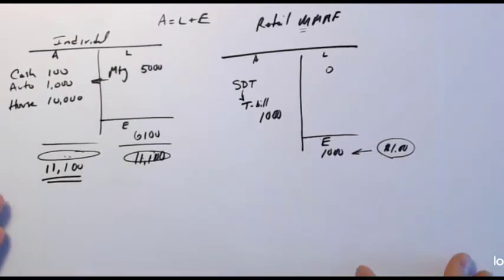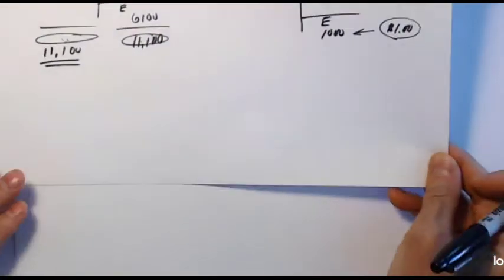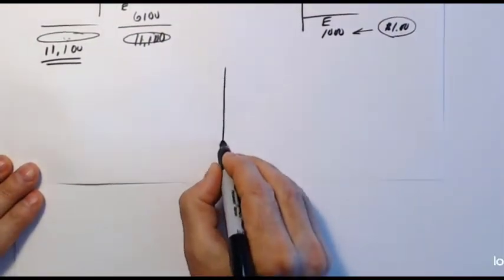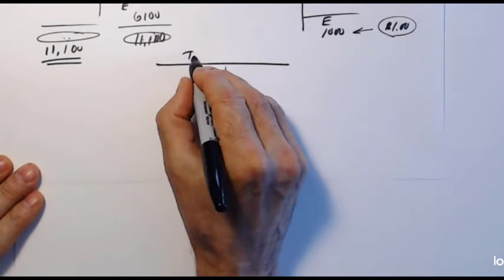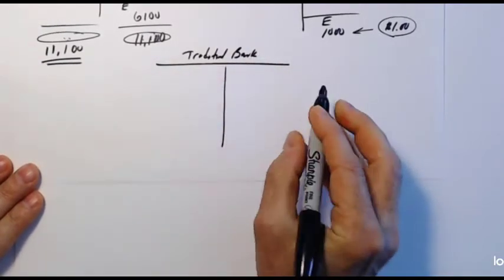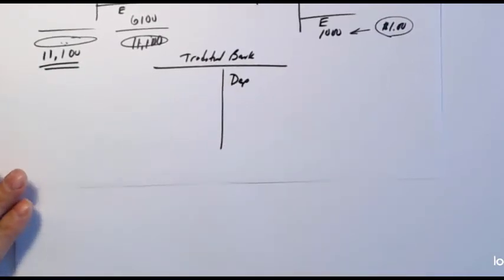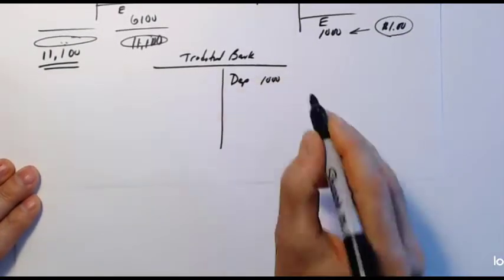Now let's compare this concept to a traditional bank. A traditional bank looks like this. A traditional bank accepts deposits. I'll call them just deposits. It could be demand deposits or savings deposits, or so on. Let's just say it's $1,000.